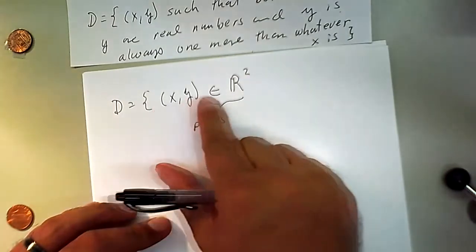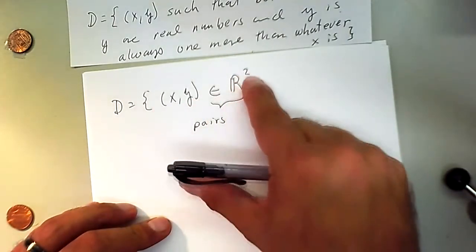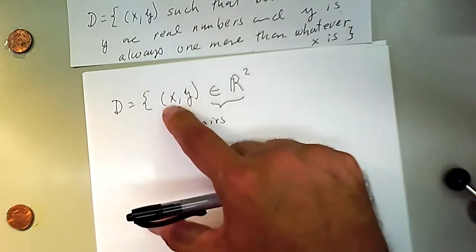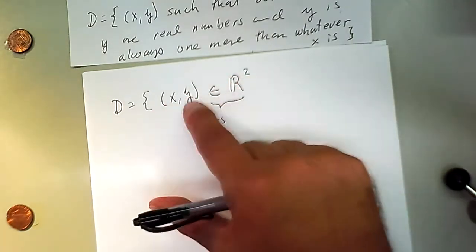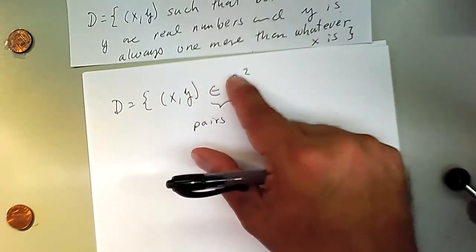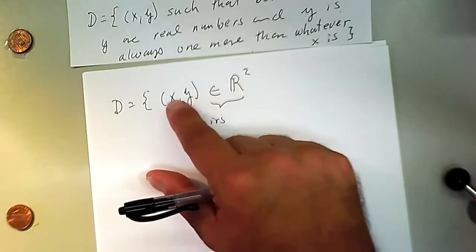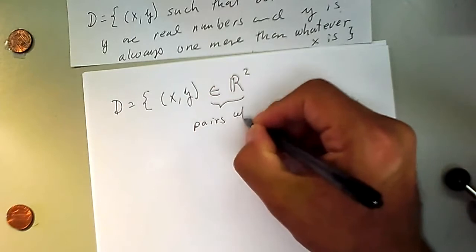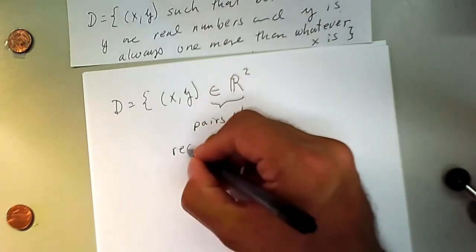Well, pairs is here, and also implicit in this notation. The r squared simply means ordered pairs, x, y. So this is emphasizing that we're talking about real numbers as opposed to, for instance, integers. So these don't have to be integers. We're going to come back to that in a moment. So pairs of real numbers.